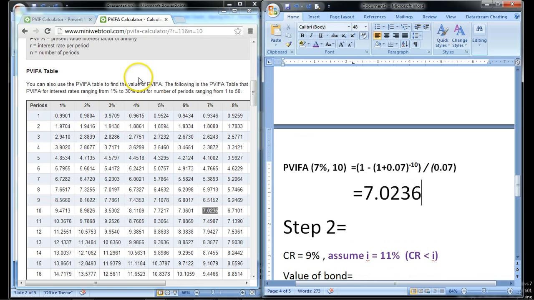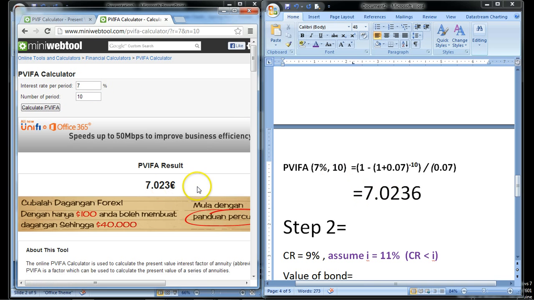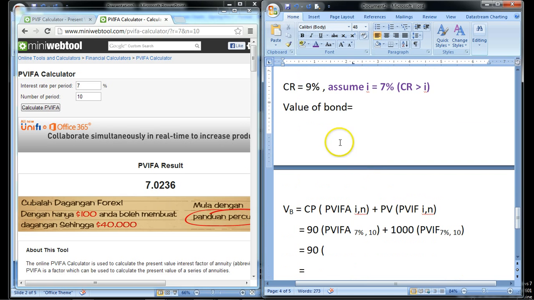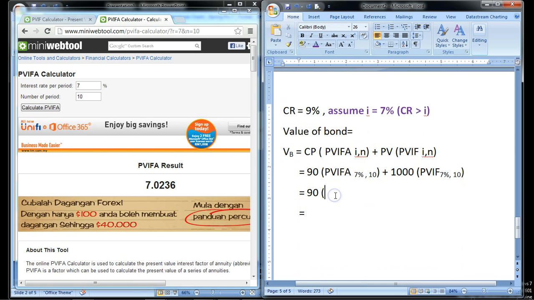We are using 7%, number of period 10 also is the same. Calculate, you will get 7.0236. Please use your calculator. Alright, now you take the answer and put at the second assumption 7% just now. So what is the answer?